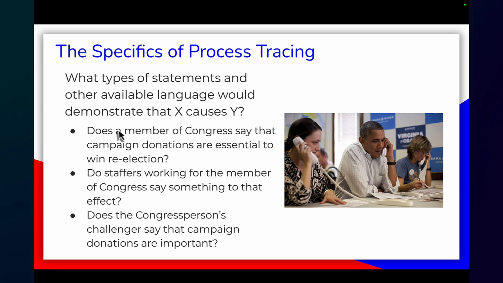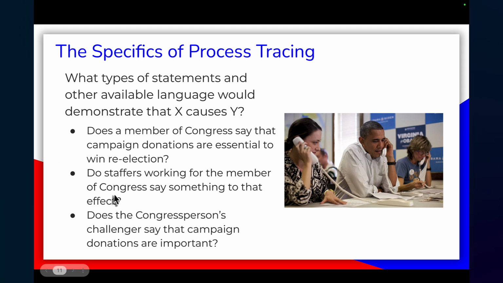Maybe we look at members of Congress themselves and see if they say that campaign donations are essential to win re-election. We could imagine that this is quite intuitive. You can take those campaign donations and put them directly into get-out-the-vote campaigns and ads on TV, on radio, on TikTok, right?